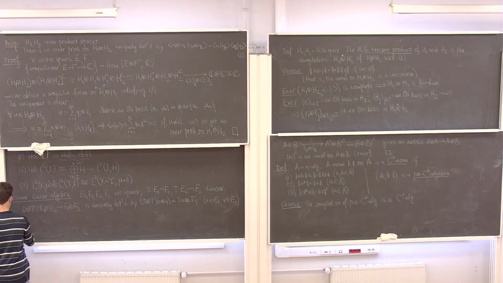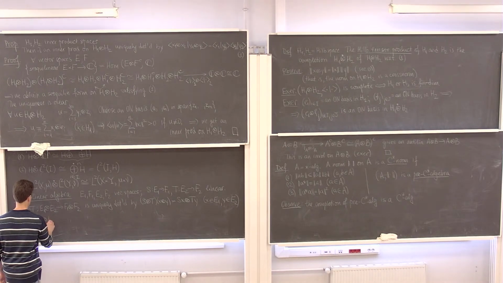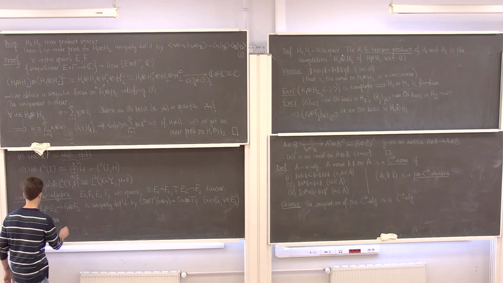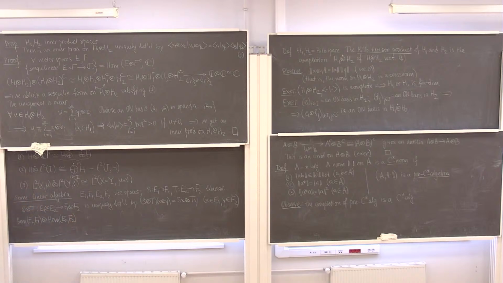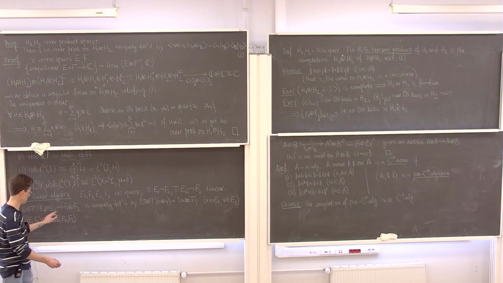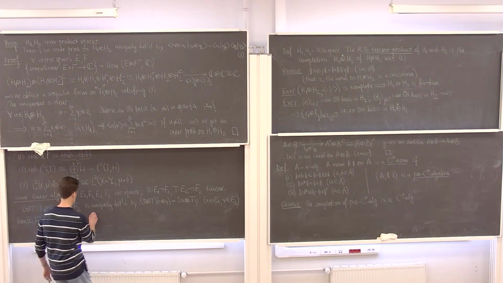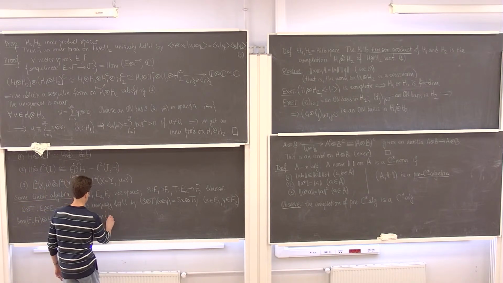Indeed, we can look at the space of all linear maps from E1 to F1 and take the tensor product of this space by the space of linear maps from E2 to F2. So S sits in here, T sits in here, so we can consider the respective elementary tensor in this space. But on the other hand, the same symbol denotes this linear operator, which sits in this space.